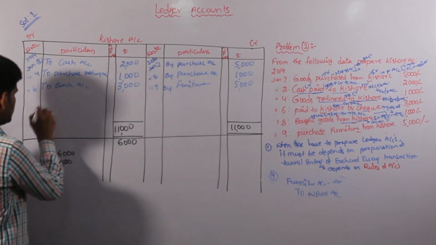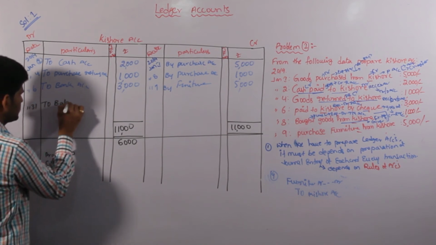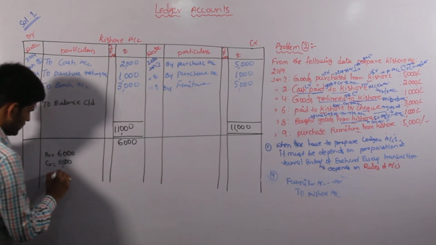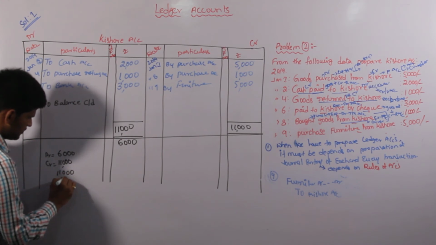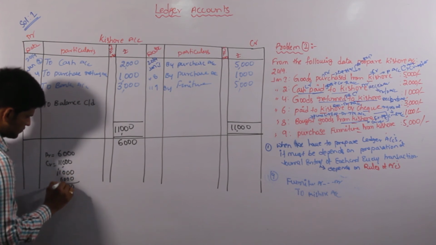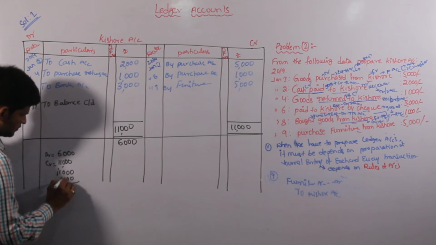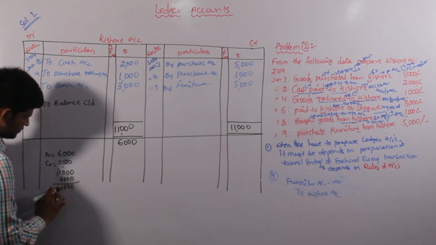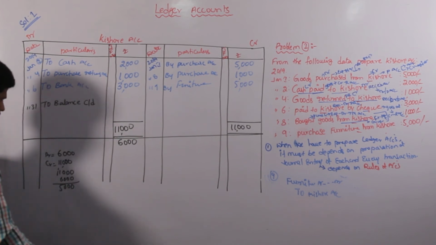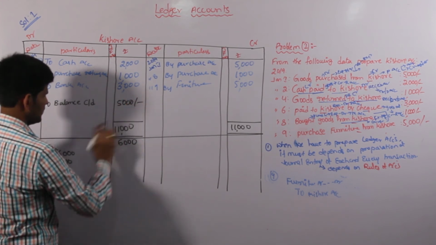After the 6,000 deduction, we have to write here, to balance carried down. We have to write like this. Five thousand we have to write here.